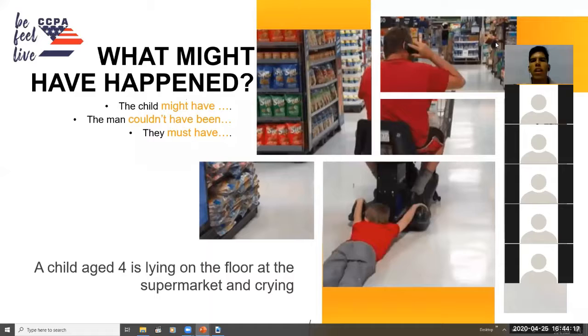So can we say that he was his father? That we could say that that man couldn't have been his father, right? For the way he is treating him, right? Probably. It actually could be. You don't know. The only indication of that is that they both have red shirts. Yeah, absolutely. But the point here is to make some speculation.